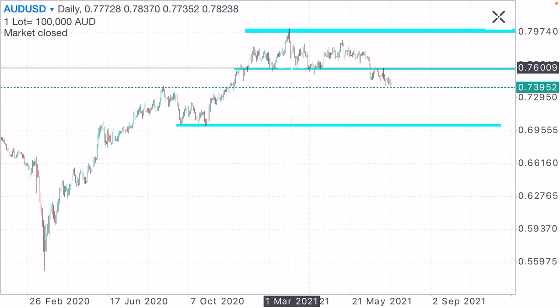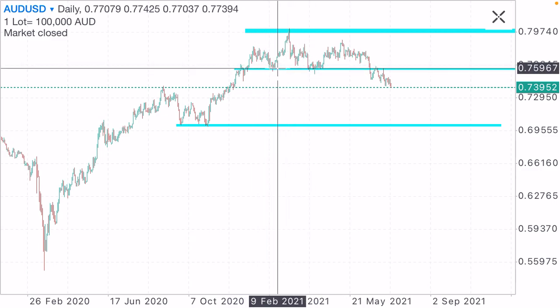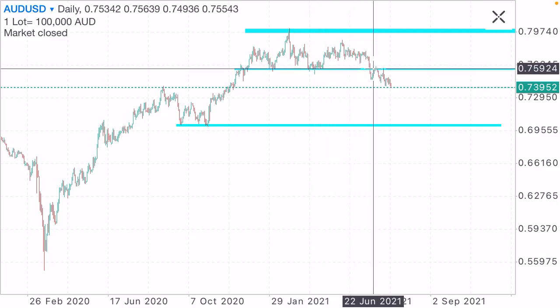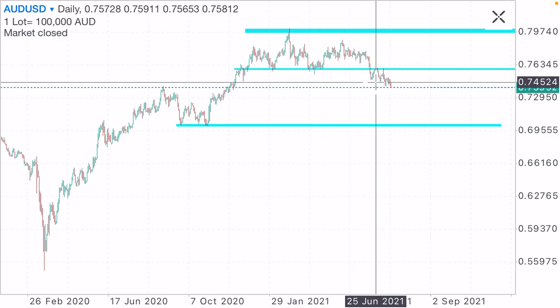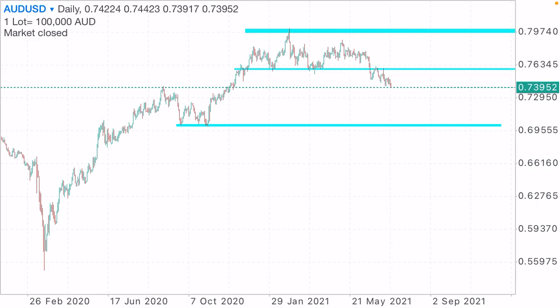Price was being held at this level for about a couple of days, and then it finally broke, and this demand turned into a supply zone. I will talk more about that in my other videos. Today I just want to demonstrate how simple we analyze the market and how simple we take our trades.